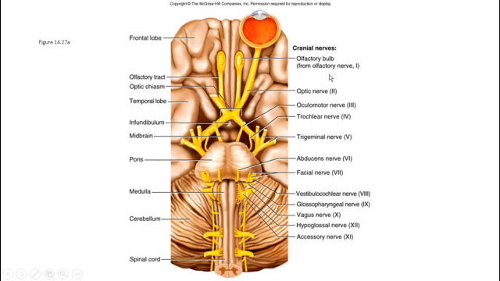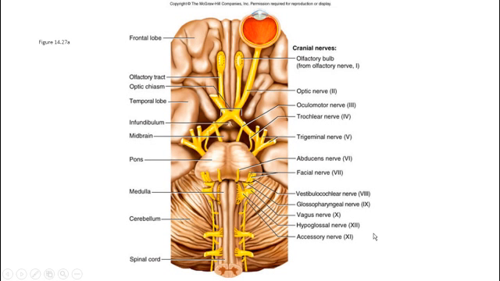So some examples: we have an olfactory nerve, which is for smell, an optic nerve for sight, a bunch of nerves that help to move the eyes, facial nerve, that's innervating structures in the face. We've got a vestibulocochlear nerve, which is cranial nerve 8, which is for hearing and also for the vestibular system. And then we have a bunch of nerves that control the tongue, the vagus nerve, which does a whole bunch of different stuff.